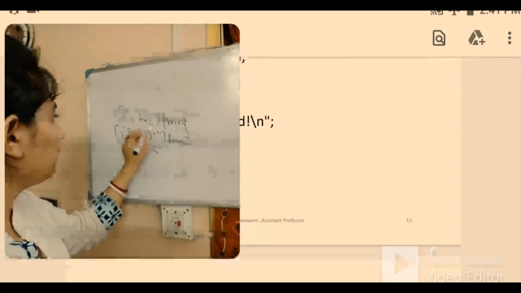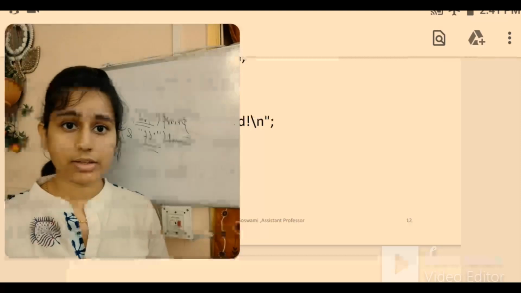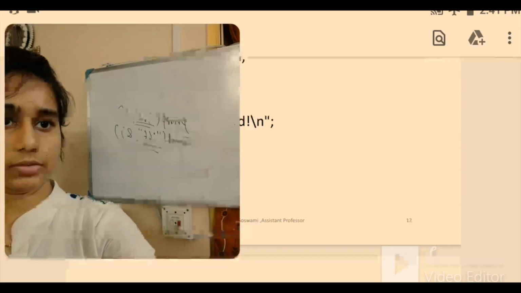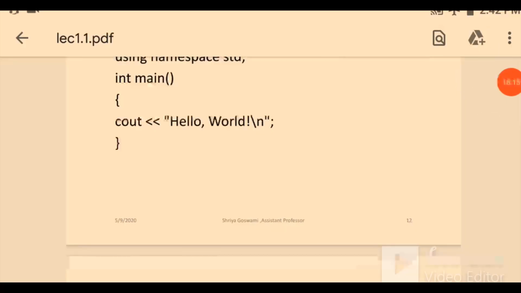So every time you have to specify the type of it. Streams do not require explicit data type specification in IO statements, and no explicit address operator prior to the variable in the input statement.